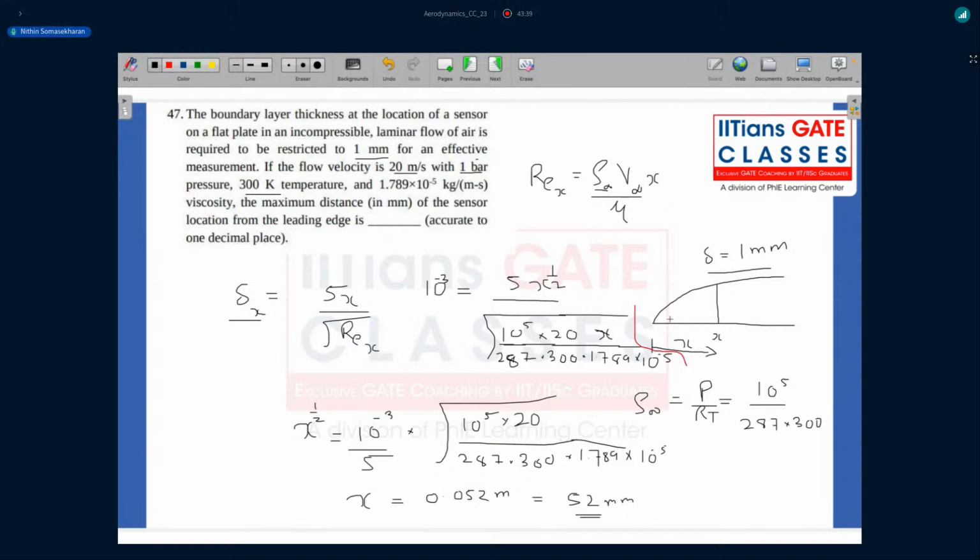So 52 millimeters is basically the maximum distance from the leading edge you can go downstream before your boundary layer grows above 1 mm in thickness. And that is the farthest location from the leading edge that you can keep the sensor. The right answer here is 52 mm. And they want it in millimeters as well.